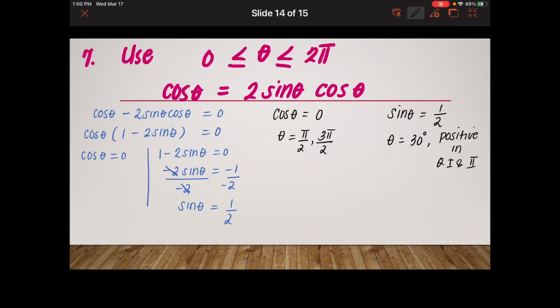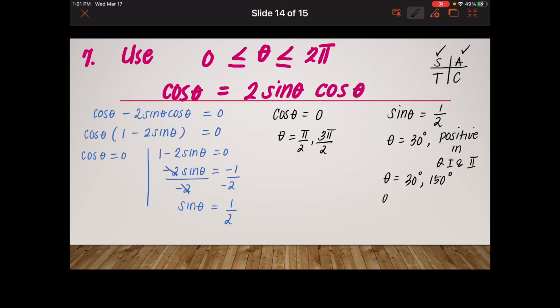For the sine, you recall the CAST rule. So sine is positive in quadrant 1 and quadrant 2. Now, what is 30 degrees in quadrant 1? So that would be 30 degrees. 30 degrees in quadrant 2 is 150 degrees.